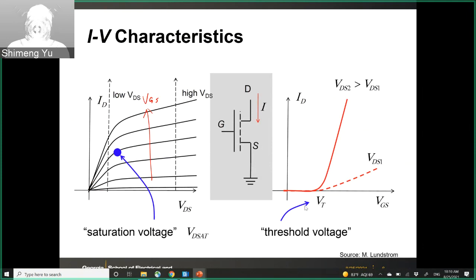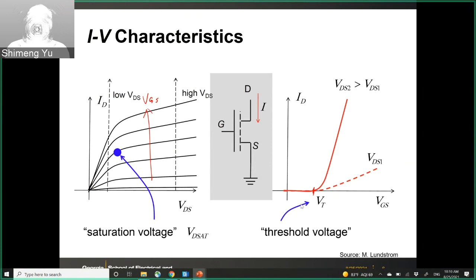The other one is called the transfer characteristic. This is ID versus VGS. And then you can have different curves as well. You can have two VDS, for example. Higher VDS will induce larger current. But most of them will merge to this point. This is like the threshold voltage.